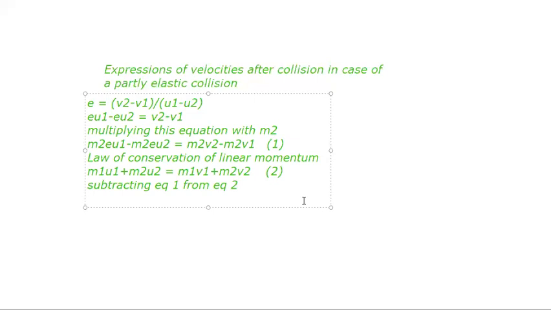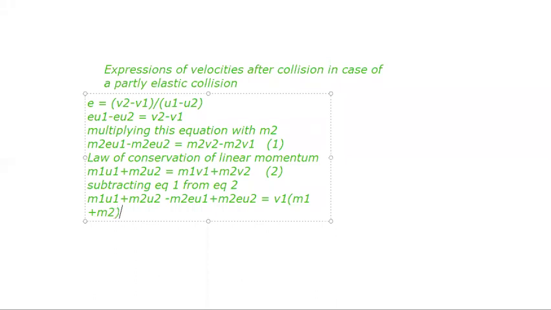What will you get? M1 u1 plus M2 u2, minus this, and instead of this minus you will get a plus. On the right hand side, M2 v2 will cancel out, and you will get v1 within brackets M1 plus M2. Understood?